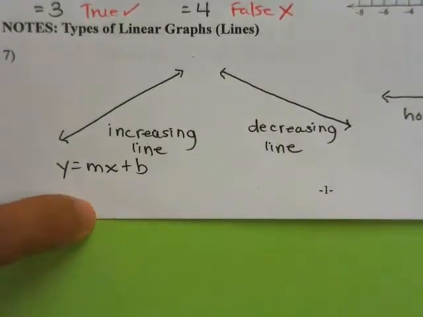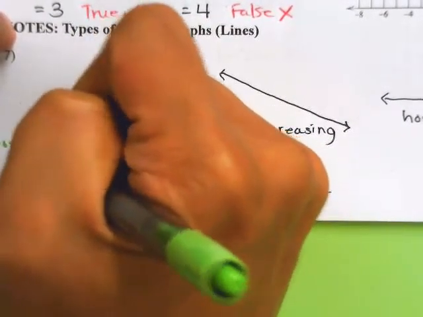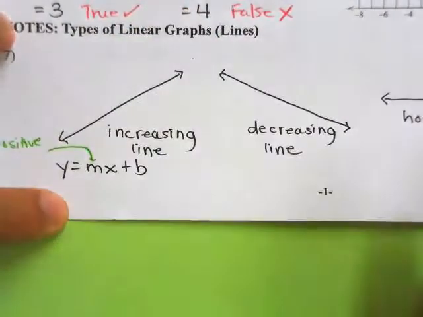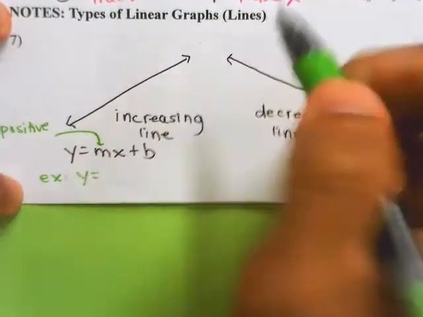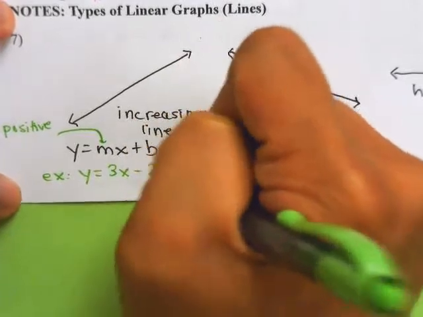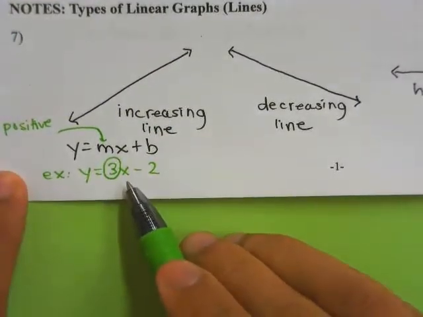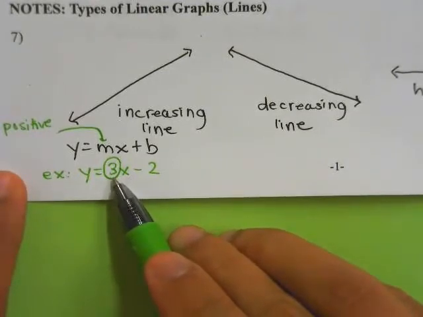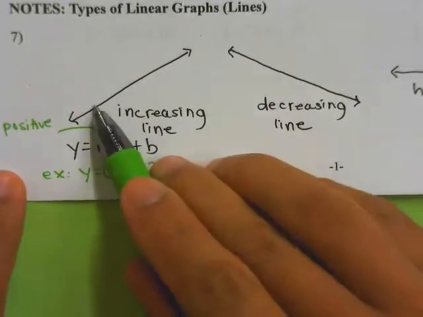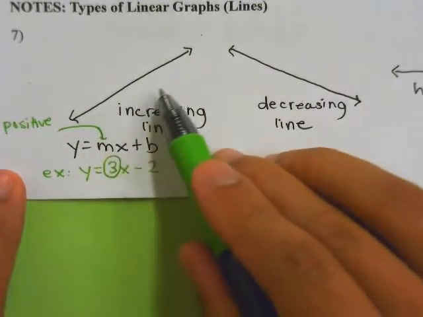Notice that this m is going to be a positive number. So as an example, you can write y equals 3x minus 2. If you see that number in front of the variable and it is positive, then it is going to be an increasing line. So a positive value in front of the x means it is an increasing line.